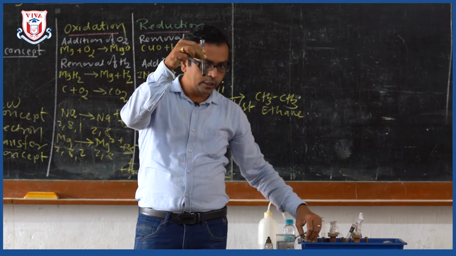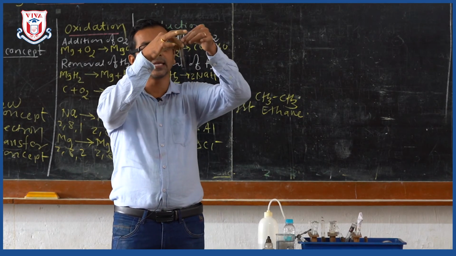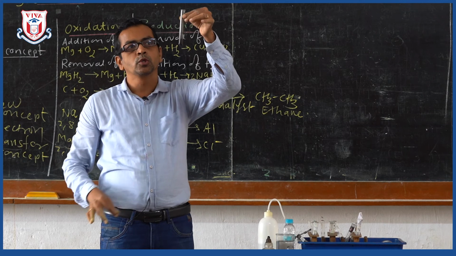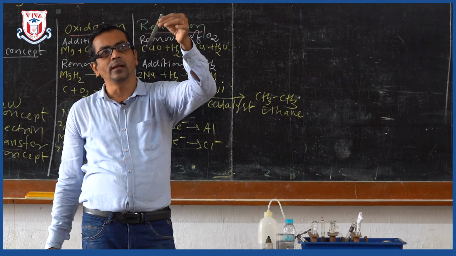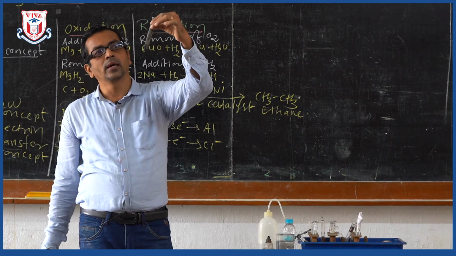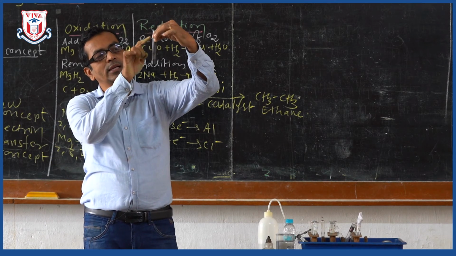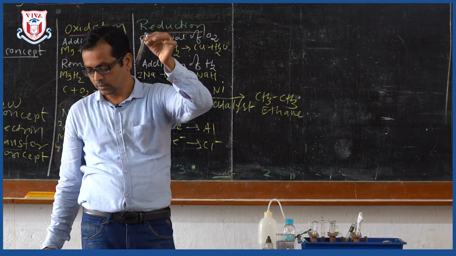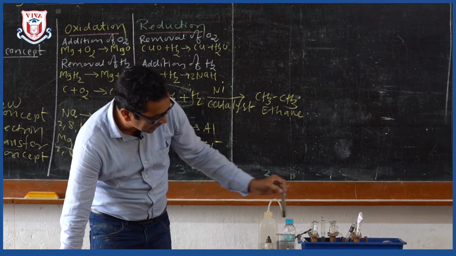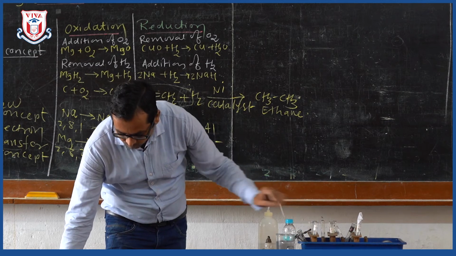So here you will observe that some gas is coming out. Manganese dioxide reacts with HCl and converts into manganese chloride plus water, and a greenish colored gas is coming out. That is nothing but chlorine.